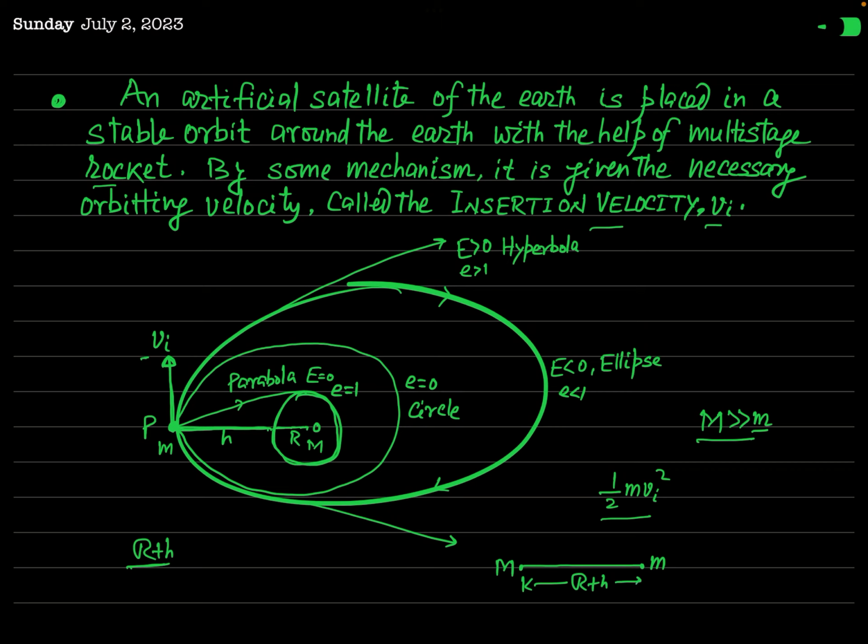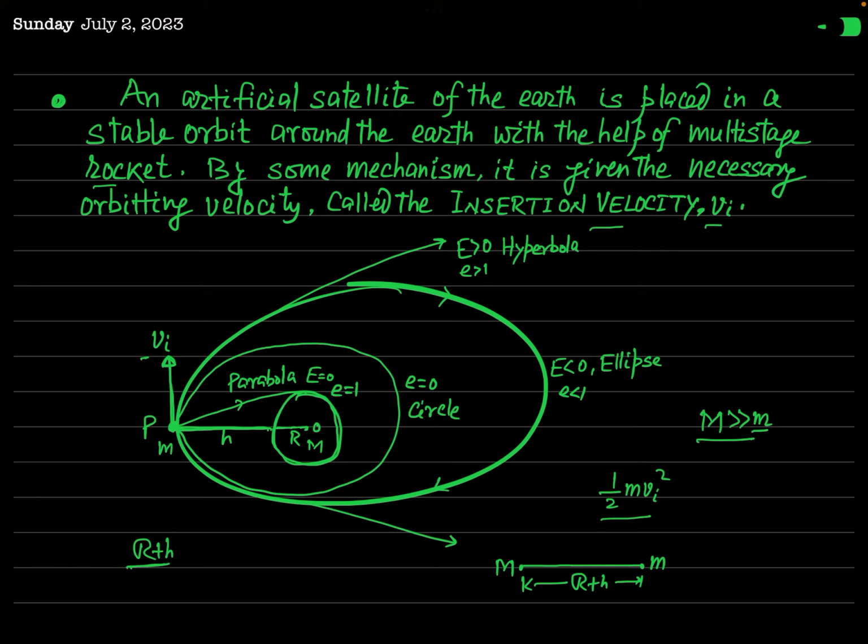Now for calculating the potential energy, we must take into account the reference point or reference level. Here, for simplicity, we consider the reference for gravitational potential energy at the center of the earth. It means at the center of the earth, gravitational potential energy is zero.